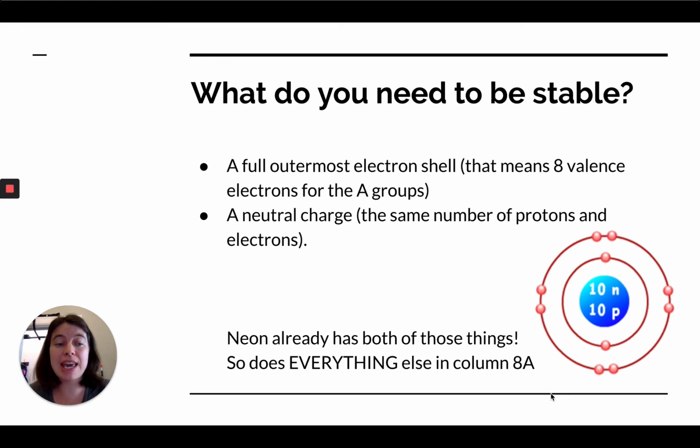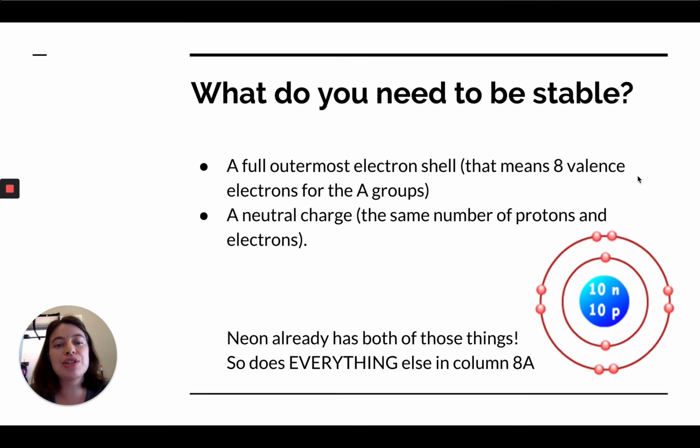But if you want to be a stable chemical compound, what you need is a full outermost electron shell, and for anything in the A groups, with the exception of hydrogen or helium, which are happy with 2, that means you want 8 valence electrons. Well, look at neon. Neon has 2, 4, 6, 8 valence electrons.